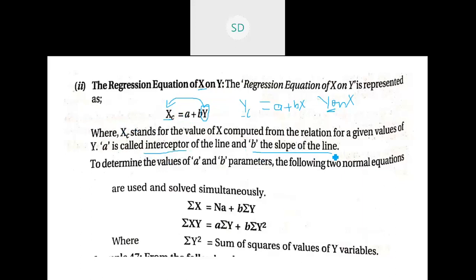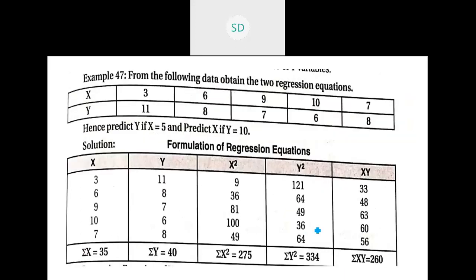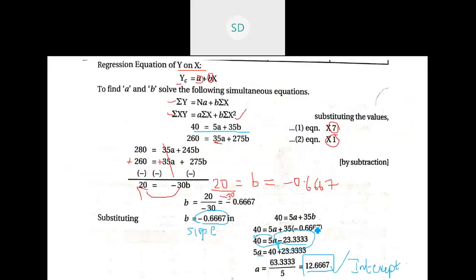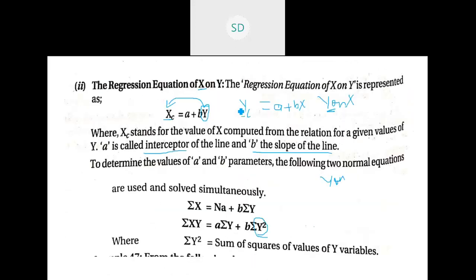Now, just as we had two equations for the first regression line, similarly for x on y there are also two equations. These two equations are very similar except for one variable. Wherever you have sigma xy, sigma y and sigma x, those will be interchanged.